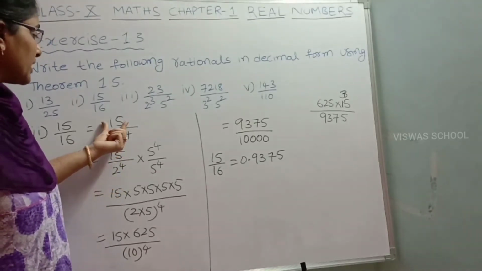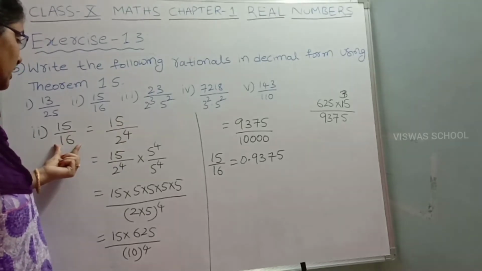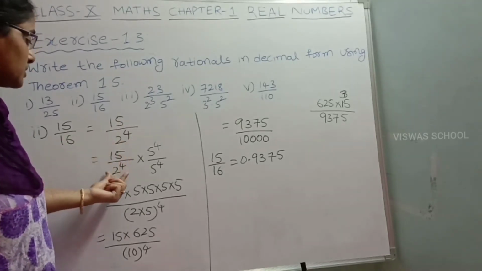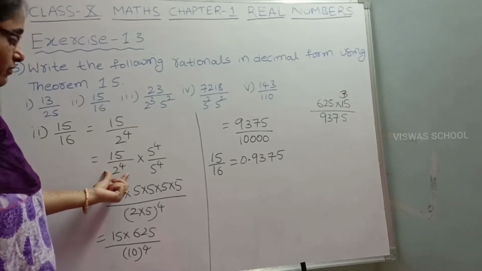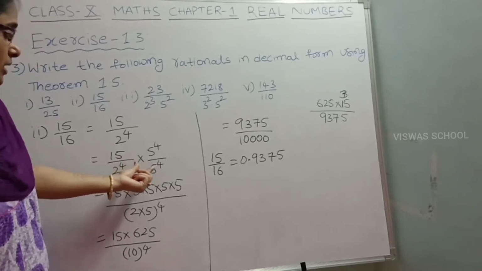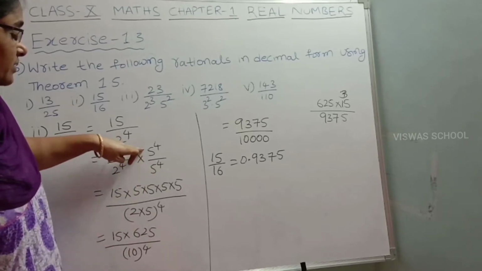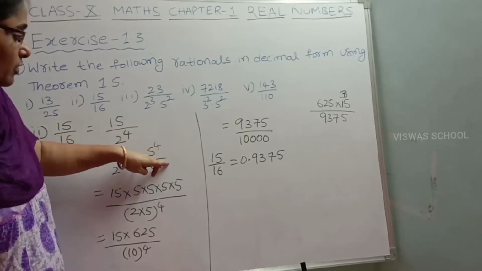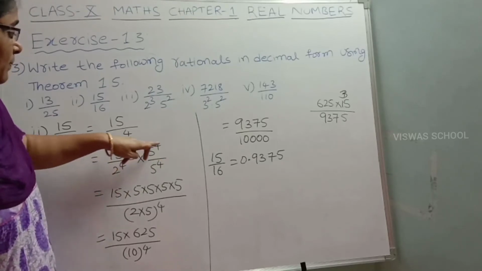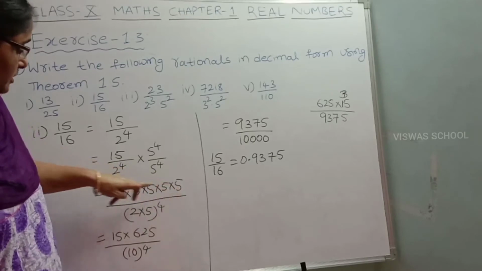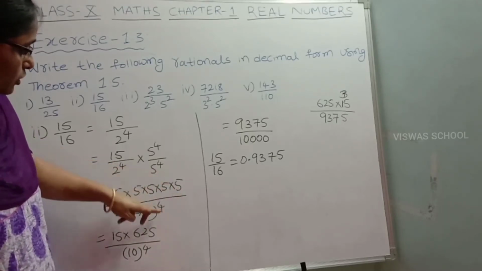Here we have 15, and the denominator part 16 is written as 2 power 4. For converting it into 2 power n into 5 power m form, we are multiplying and dividing with 5 to the power of 4. Now 15 into 5 power 4 means we multiply 5 four times. Now 2 into 5 whole to the power of 4.